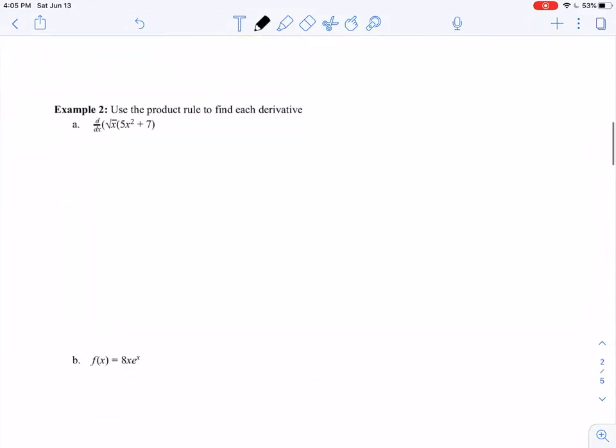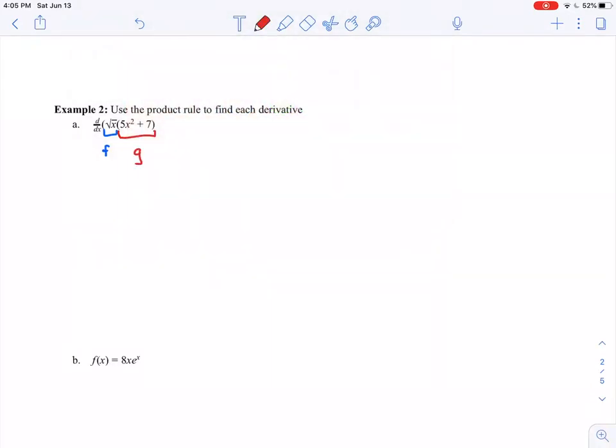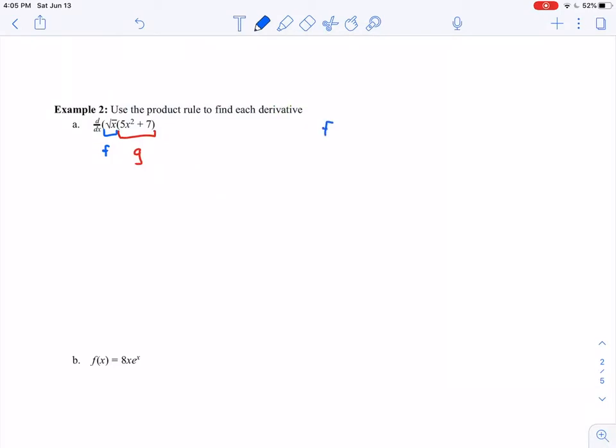Here I want to take the derivative. I've got square root of x, so here is one factor, times 5x squared plus 7, there's another factor. So I'm going to call this function f right here, and I'm going to call this function g. So if you need to, again, off to the side, f is equal to square root of x. f prime, remember, this one we might need a little bit of a hint with.